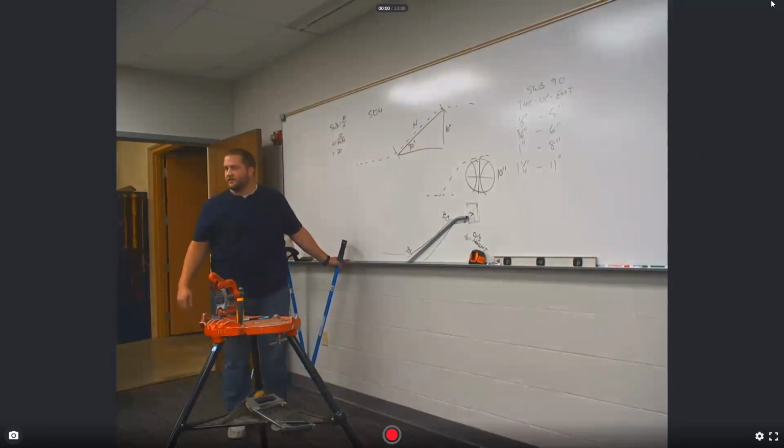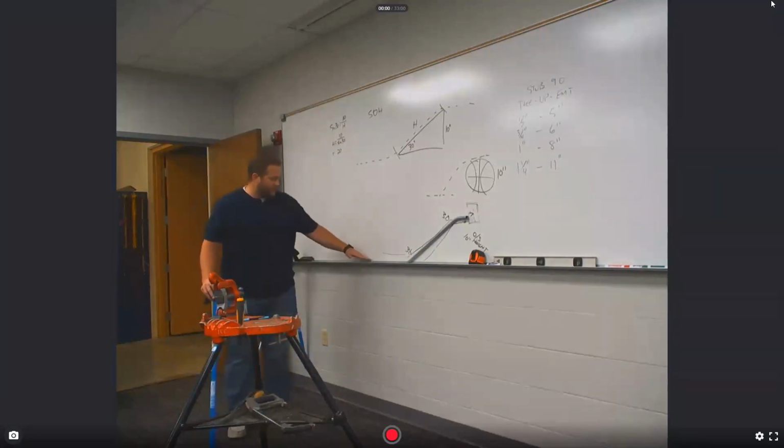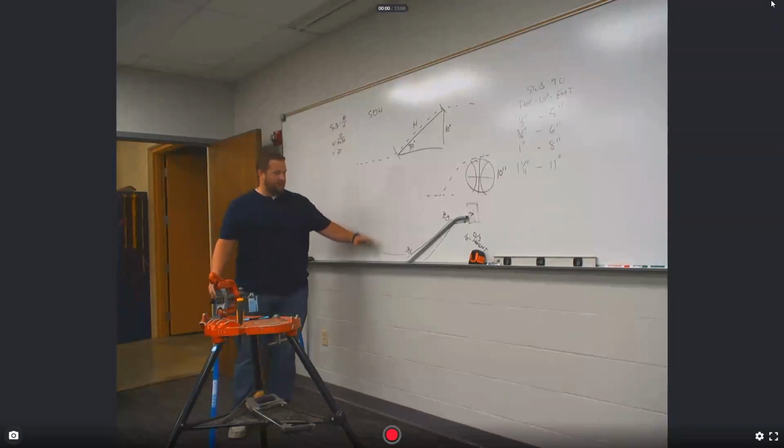No, I've never seen it. I mean, you could use a protractor. I have a digital one that you can put on there, and it might say 2 degrees, and that would say 32 degrees. You know what I mean?